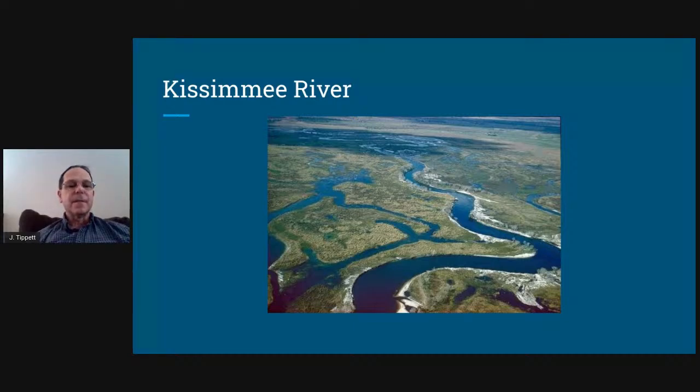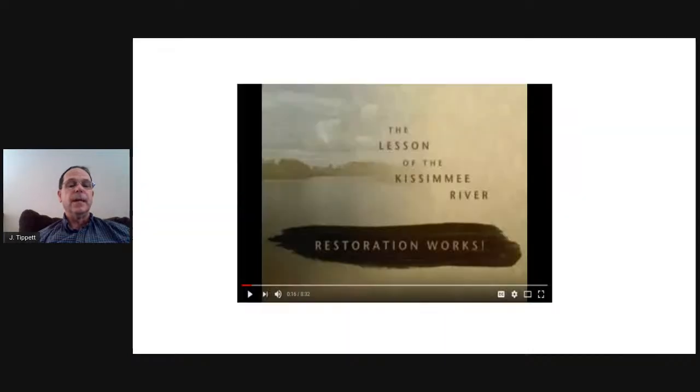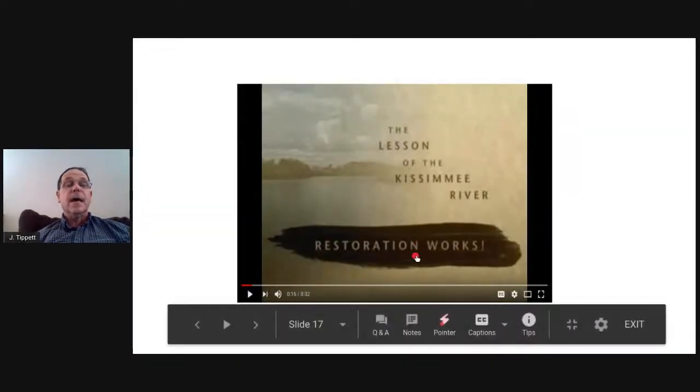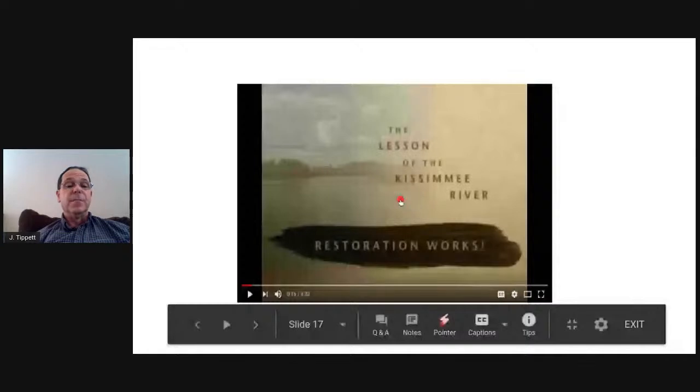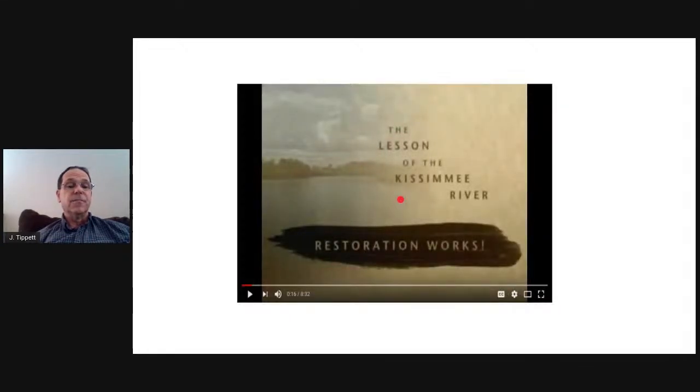The Kissimmee River and what we did to it is a real tragedy, but it was a huge learning lesson for the United States in what happens when you go in and straighten a river and disconnect a river from its floodplain. So I just want to watch the first minute or so or two of this to give you a sense of what they did, and then we'll talk about it.